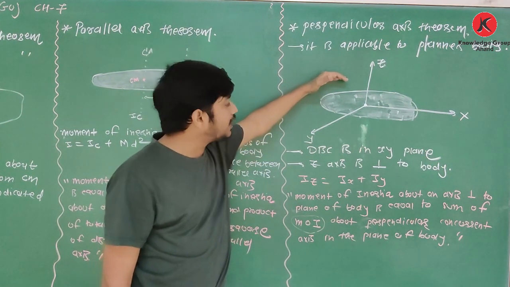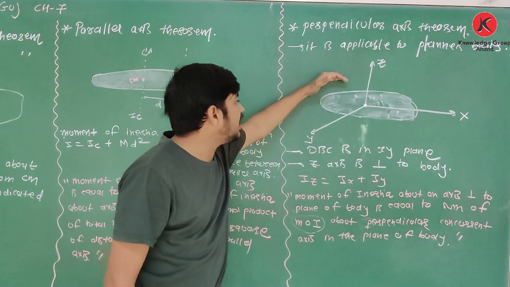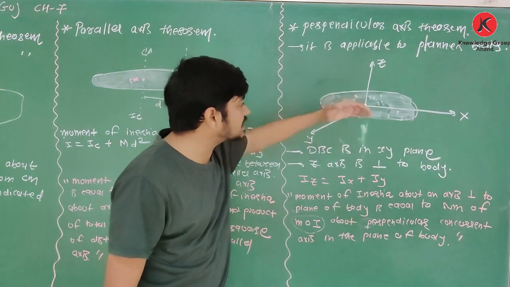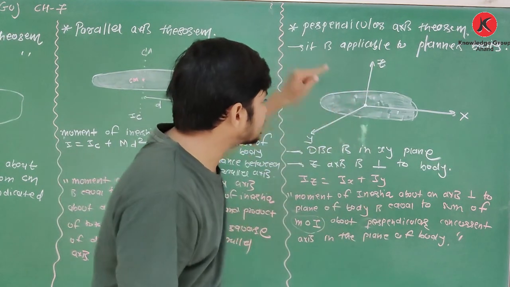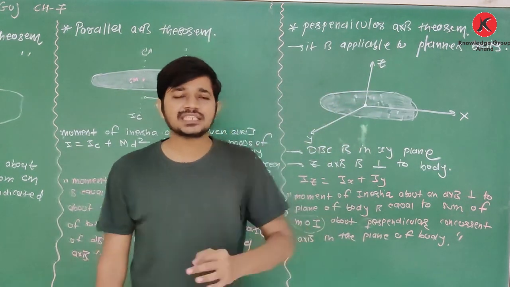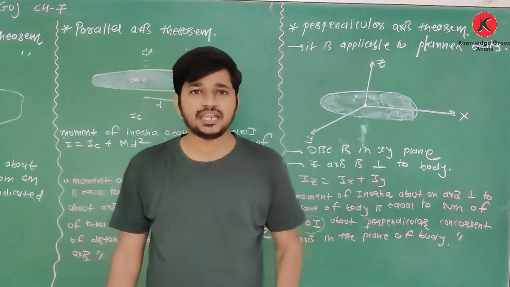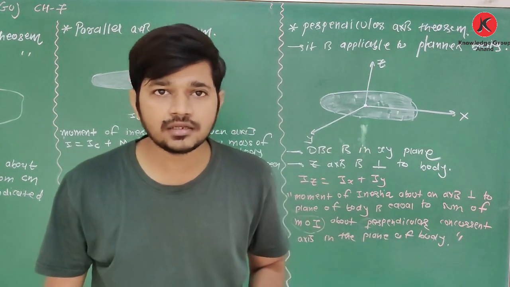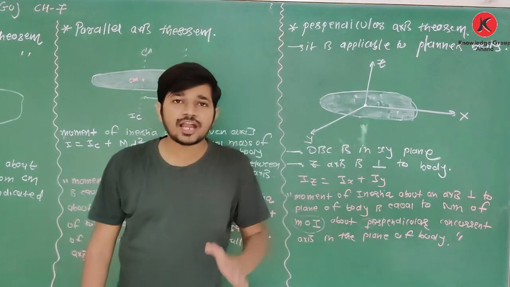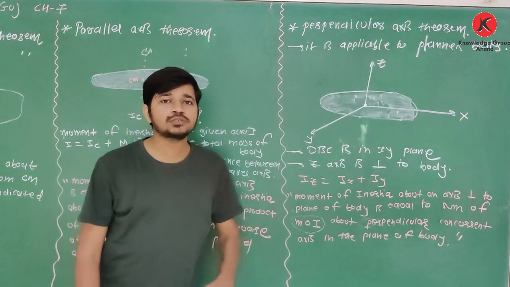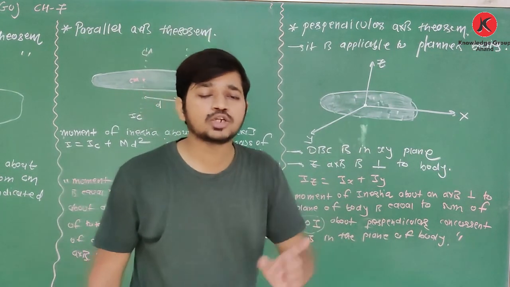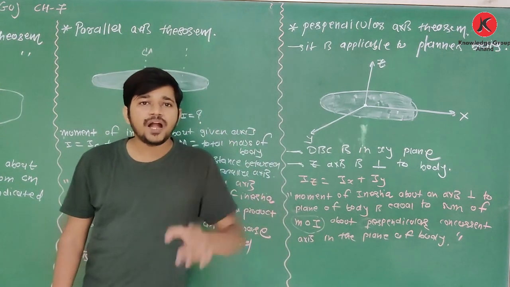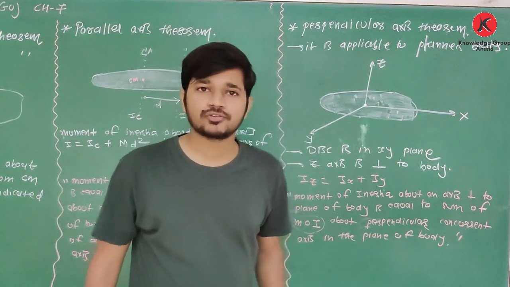Now see, you can have another two cases. If the object lies in the xz plane, for example, if this disk is given in the xz plane, then what is the equation for the moment of inertia about an axis which is perpendicular to its plane? That you have to write in your comment box. Clear?